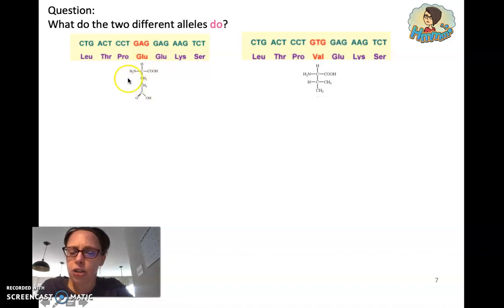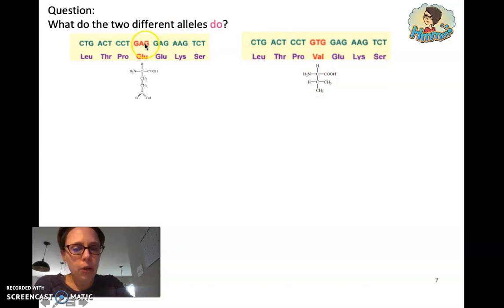And then here is just the side group for glutamic acid. Remember, glutamic acid is an amino acid. All of these are amino acids, and that's what proteins are, sequences of amino acids linked together. And then over here, look, when you put a thymine there, you get a valine, and you can see that this is a different side group.